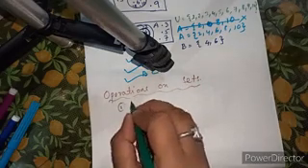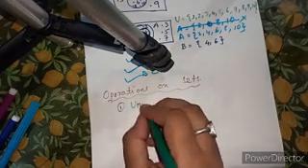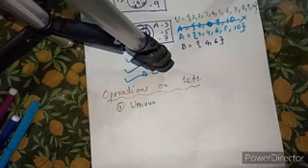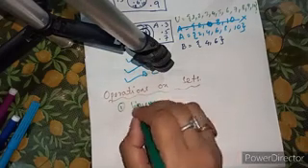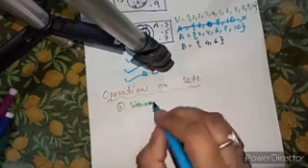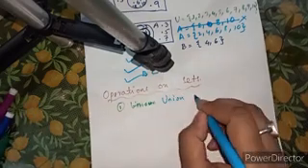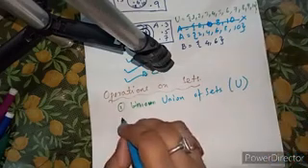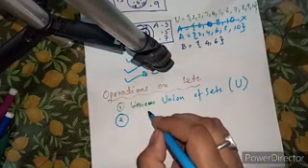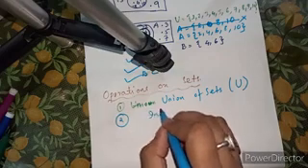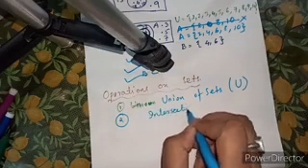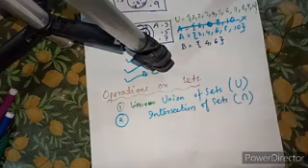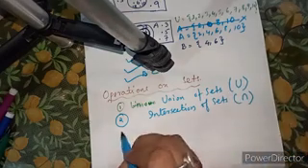First is known as the union of sets, which is shown by capital U. Next, you have intersection of sets, shown by an inverted U. Okay.